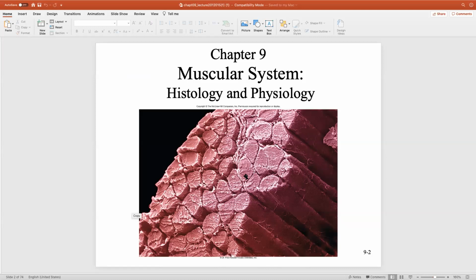Now, when we look at a big muscle group, like your biceps, your quadriceps, your hamstring muscles, those muscles are a muscle group, clusters of muscle cells. Here's one cluster right here that we call a fascicle. So this is what we look like if we take a cut of your bicep and look at one cluster, or one fascicle, of a muscle.